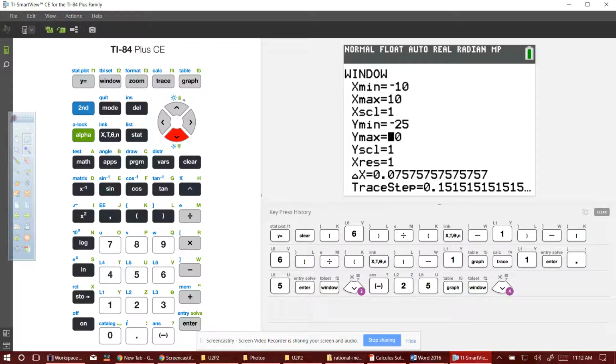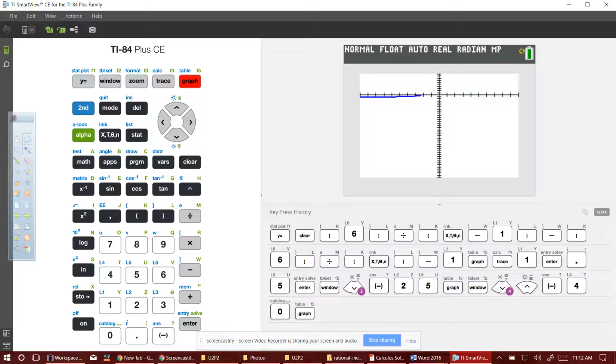So maybe I make it, I don't know, negative 40. I'm just trying to get so you can see that that graph in between those two asymptotes was definitely negative. So I have this piece that's below the x-axis. This whole segment's below. We're above the x-axis right there, and definitely below the x-axis right there.